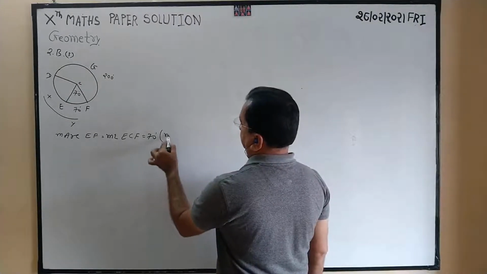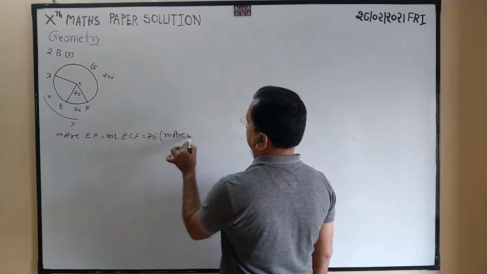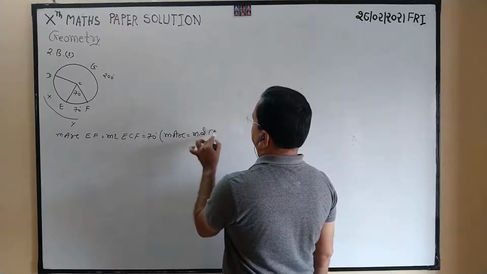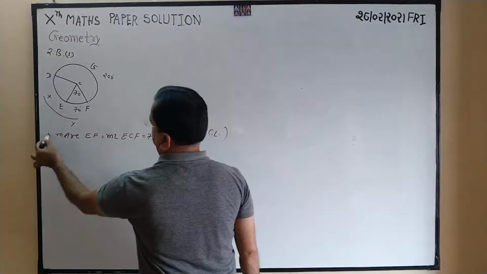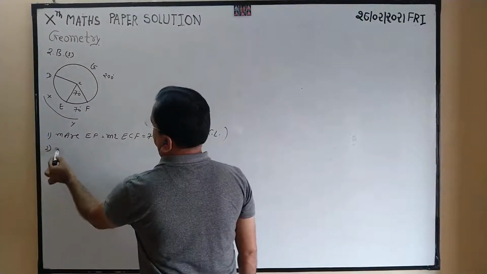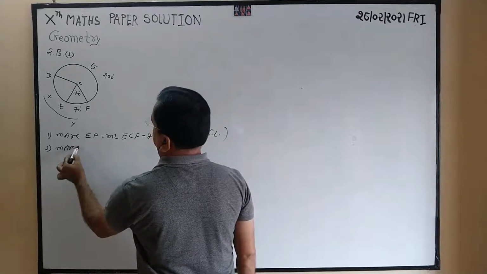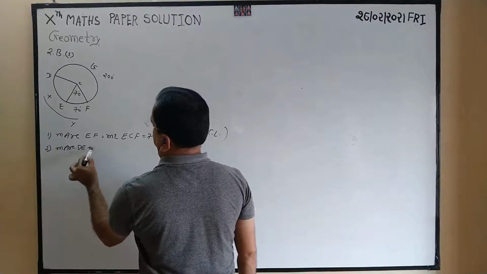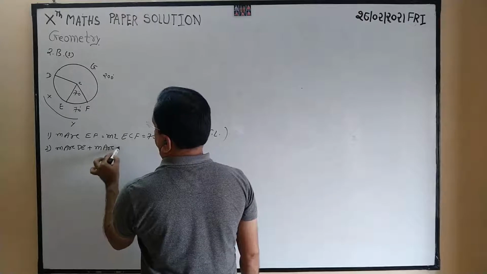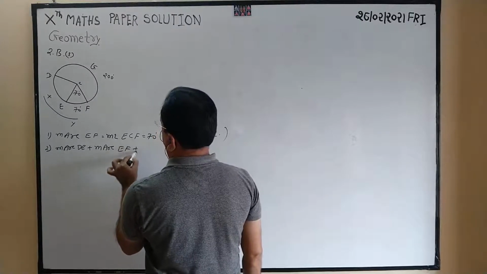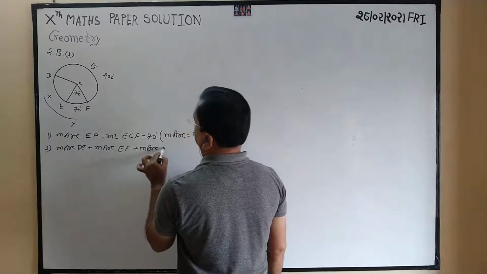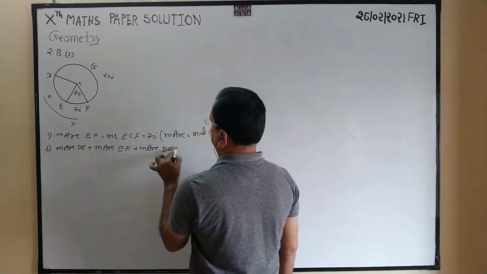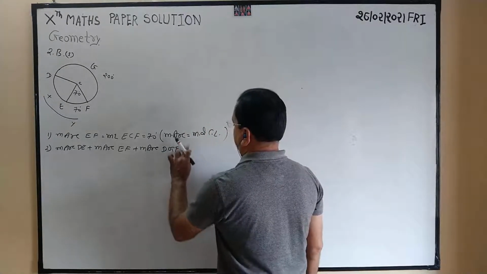Why? Measure of arc is equal to measure of central angle. Second, major arc DE plus major arc EF plus major arc DGF is equal to 360.